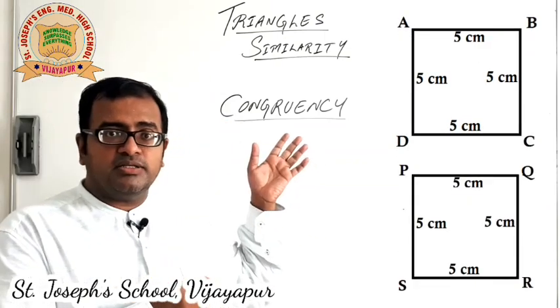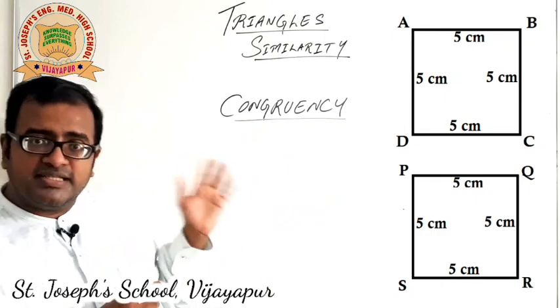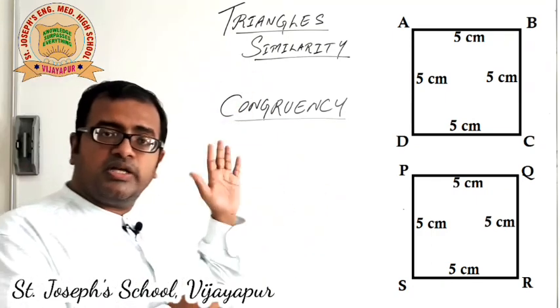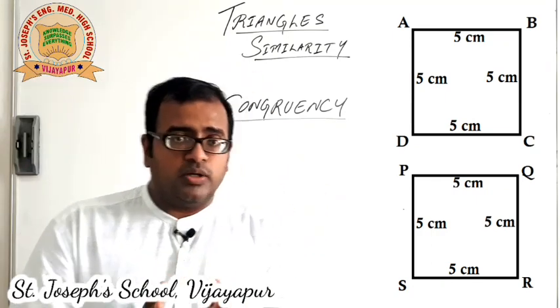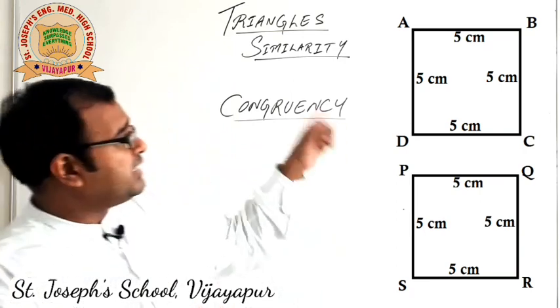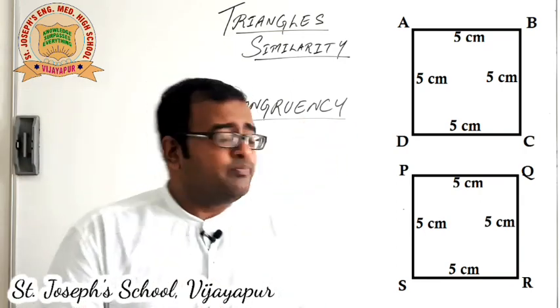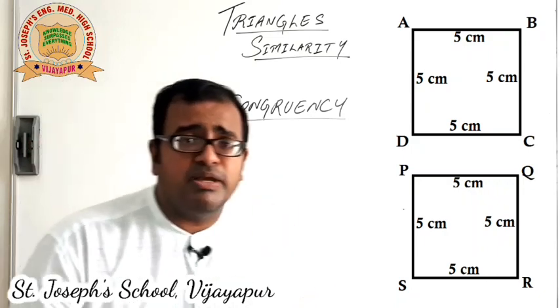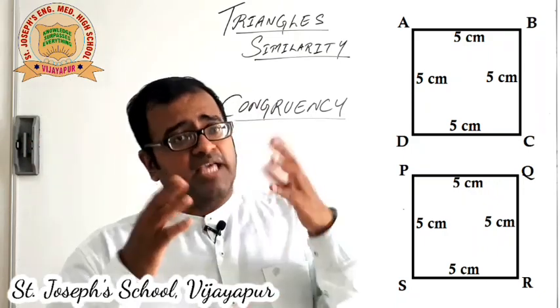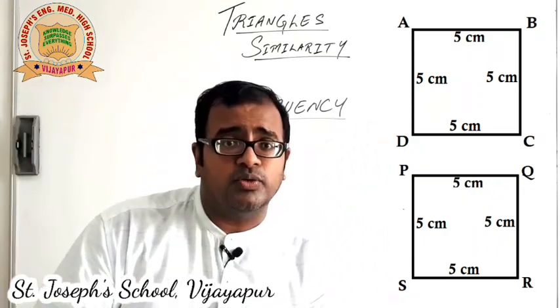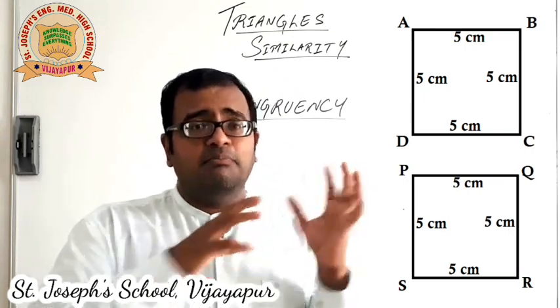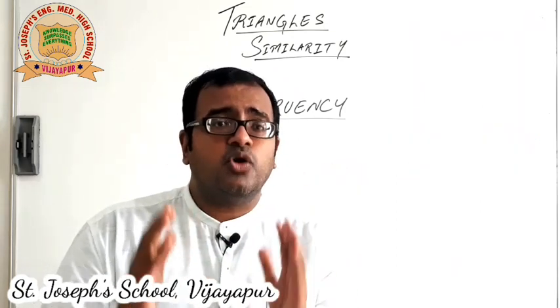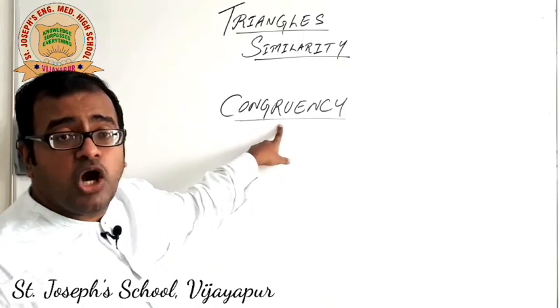AB is 5 centimeters, PQ is 5 centimeters, sides are equal. Similarly, each corresponding side, if you compare, they are equal. What about the angles? All the corner angles of the first one are 90 degrees and all the corner angles of the second one, PQRS, are also 90 degrees. So the angles are equal and the sides are equal. Means they both fit into each other. They are congruent. So I am talking about congruency.